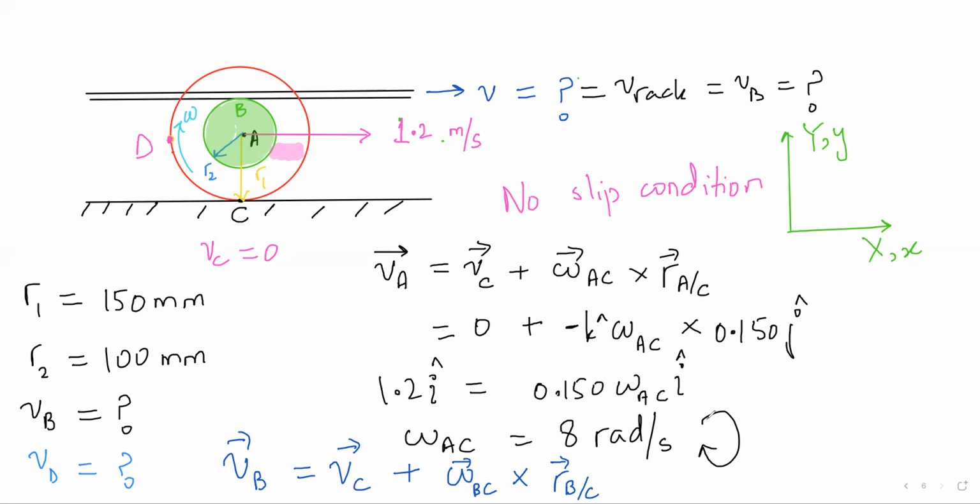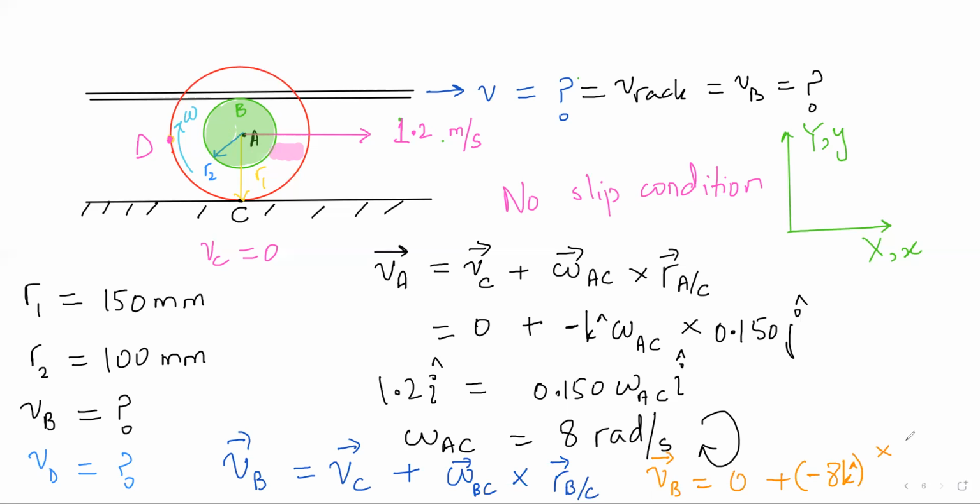Now VB is equal to my velocity of rack. It is equal to... You got the answer? Okay, 0. VC is 0 plus. What is omega BC? Minus 8K. Who said that? Correct.